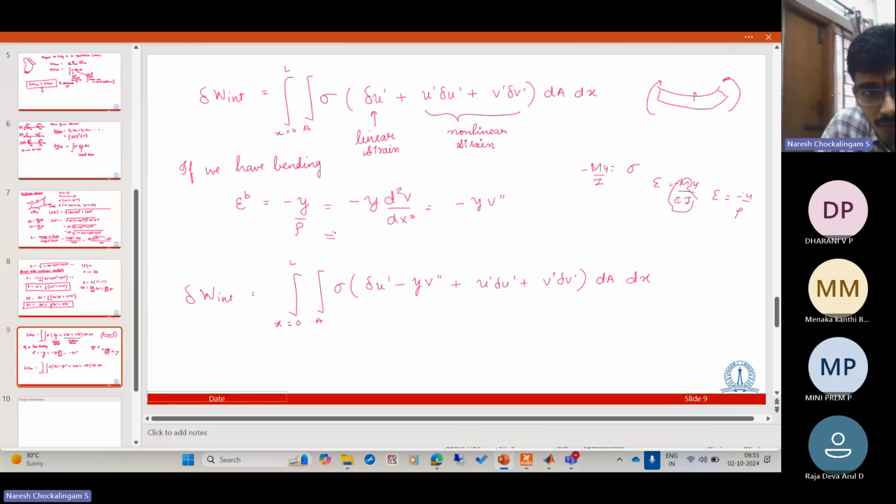This is fine. So this means del epsilon b is equal to minus y del v double dash. So why am I not putting the del on y? No, it is not very less. It is an independent coordinate.